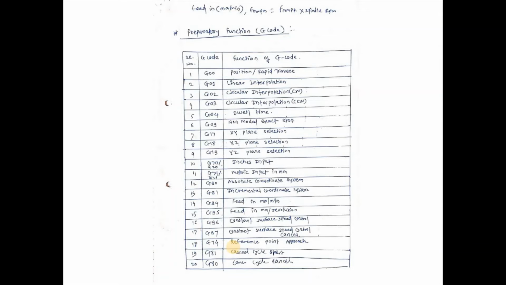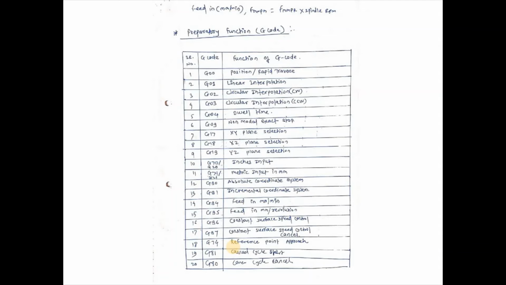Okay. Next, G01, it is linear interpolation. If you want to travel my tool from point number 1 to point number 2 in a linear manner only, we have to use this G01 code for linear interpolation. Next, G02 is basically used for circular interpolation in the clockwise direction.